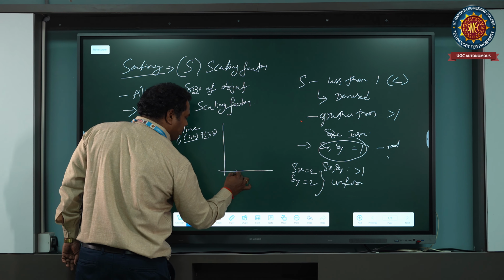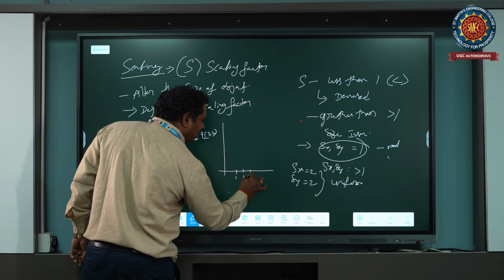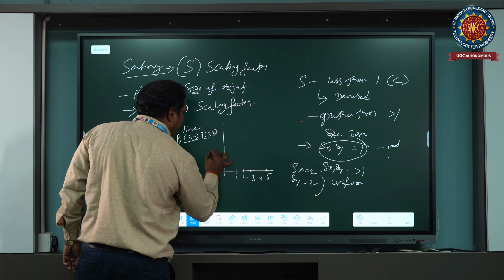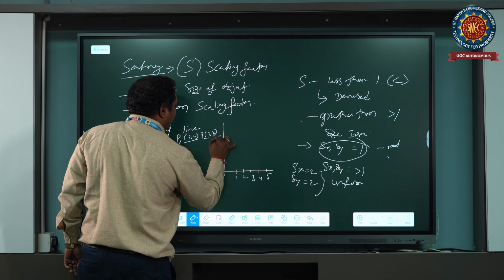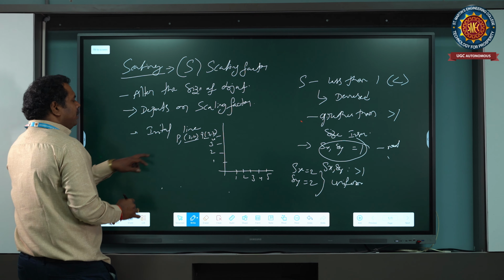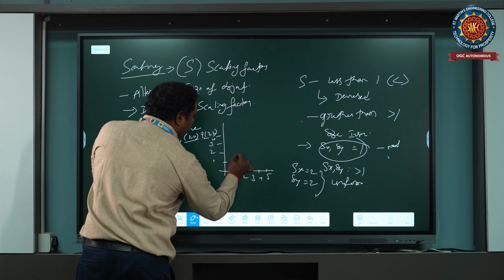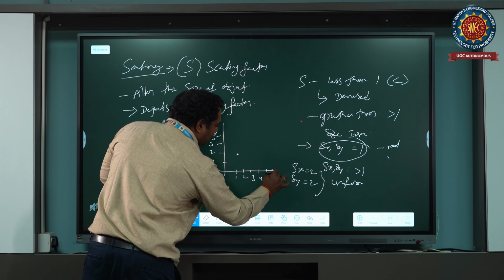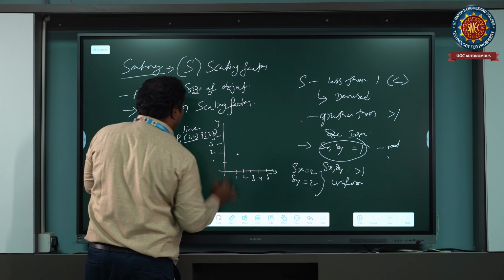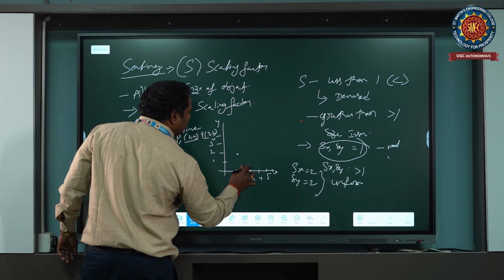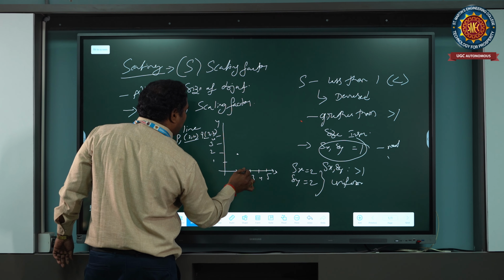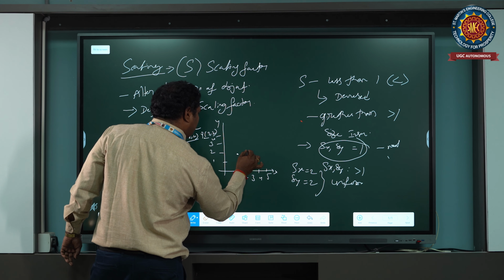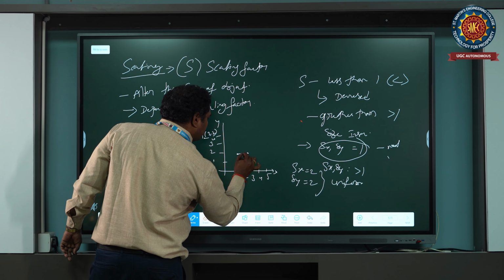Then you have to construct the x and y directions of a graph, which makes it very easy to identify. The first point is 2, 2, and the second has x value 3 and y value 2. Then it is a line.